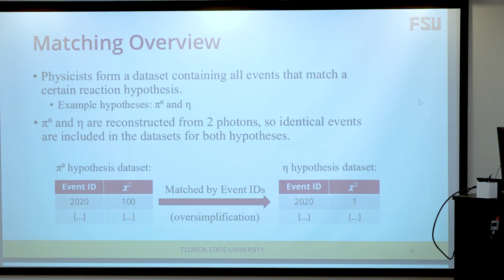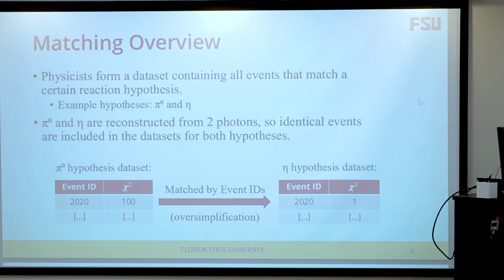Practically, this can be a challenge for physicists because a physicist might create 2 different data sets, each for a different hypothesis, for example, again, the neutral pion and the eta. But since both particles can be reconstructed from 2 photons, there will be many events that are identical between these 2 different data sets.